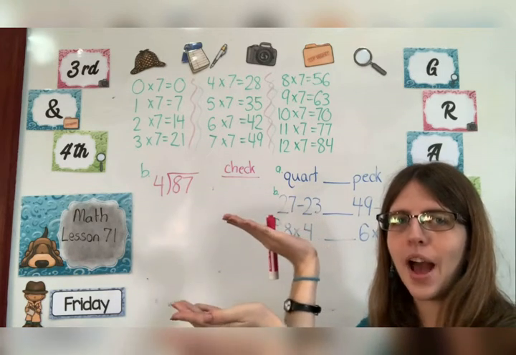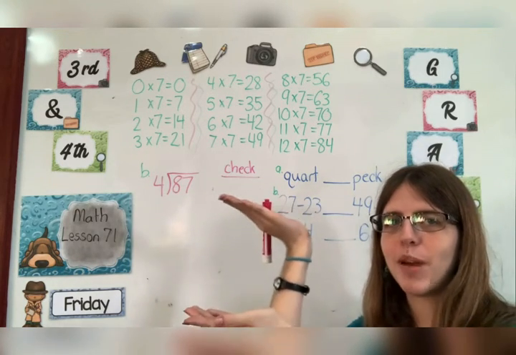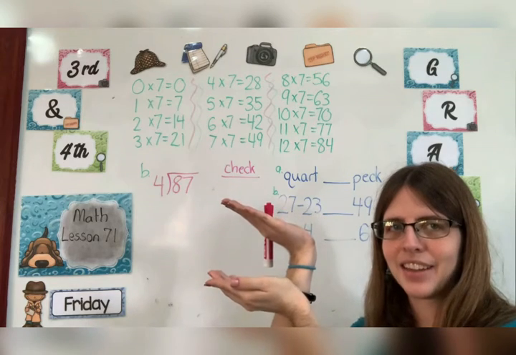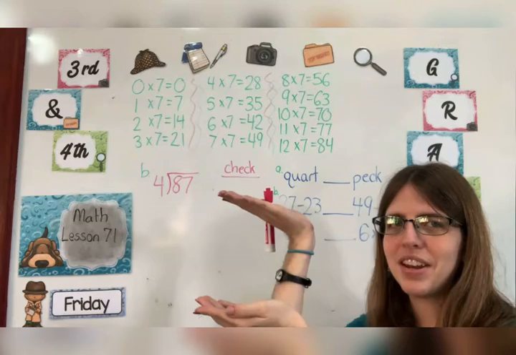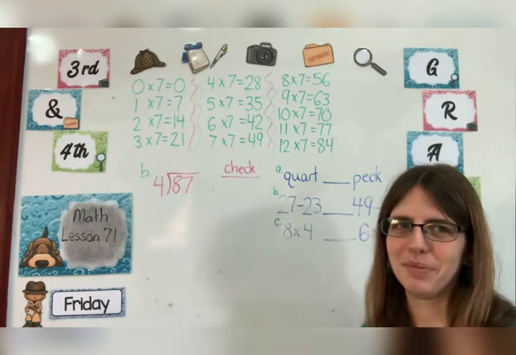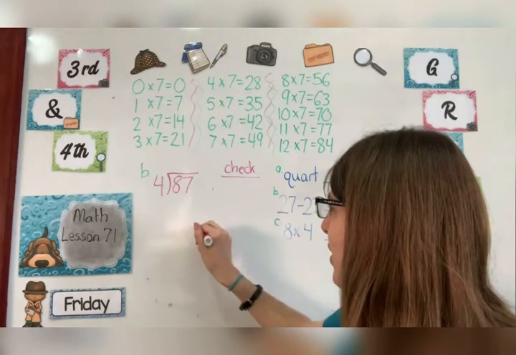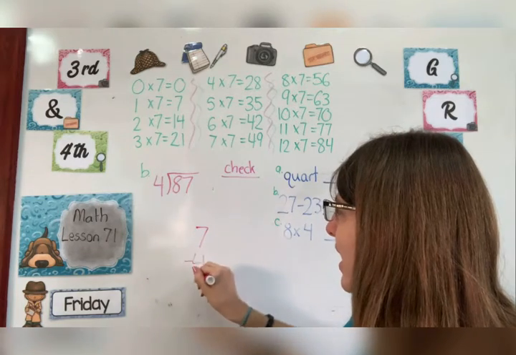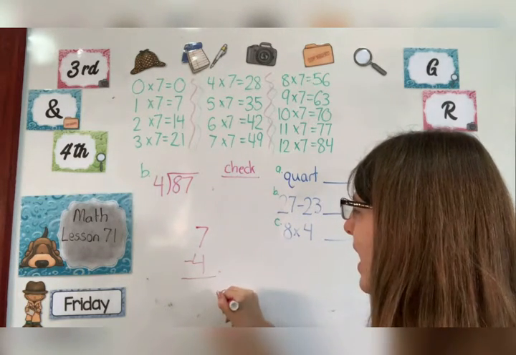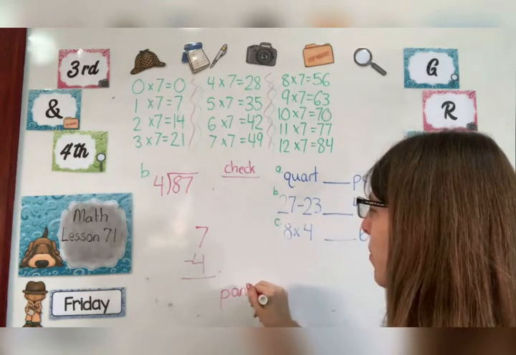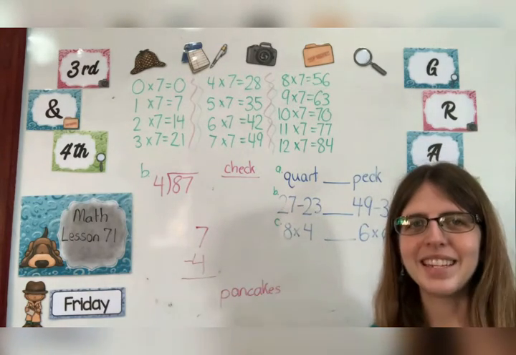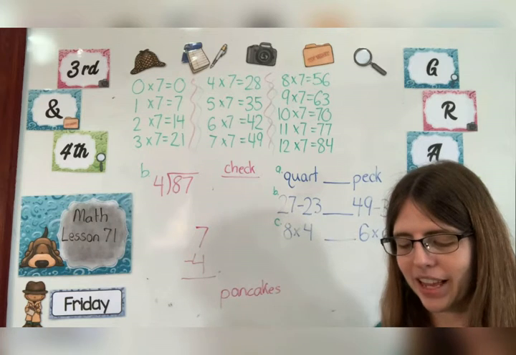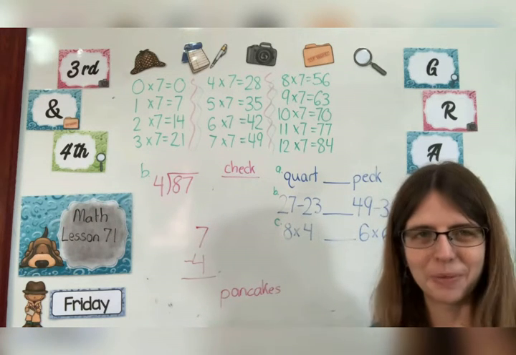I want to know how many more Joshua ate than his dad. So I have that phrase, how many more? I subtract 7 minus 4. So in your workspace, the 7 pancakes minus the 4 pancakes to find out how many more pancakes Joshua ate than Dad. Don't forget, you need to write pancakes on the line with your answer.